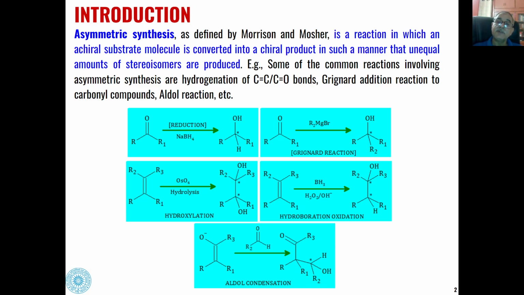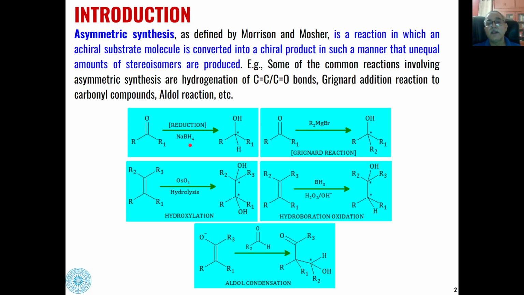Racemic mixture means if 50% of one isomer is formed, 50% of the other isomer will be formed. But if one of the stereoisomers is formed in more amount than the other, that is, if unequal amounts of the stereoisomers are produced, then that synthesis will be called asymmetric synthesis.